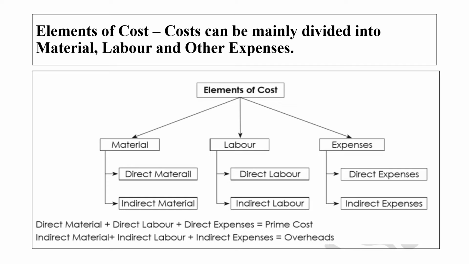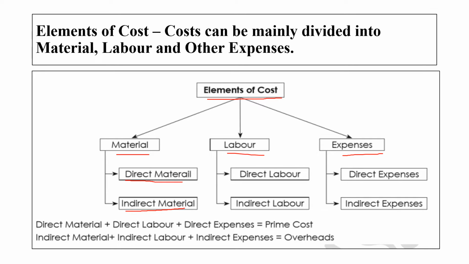Now look here, what are the different elements of cost? The cost can be mainly divided into material, labor and other expenses. When we see the elements of cost, we see materials, labor and expenses. Now material is again divided into direct material and indirect material.